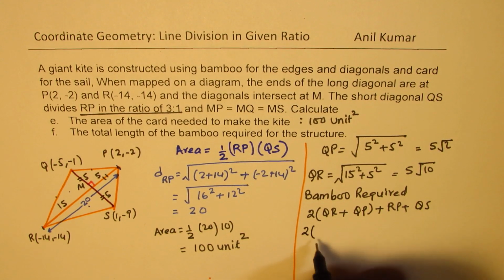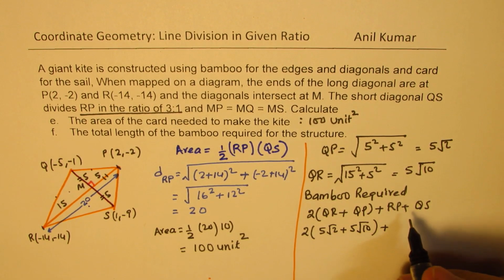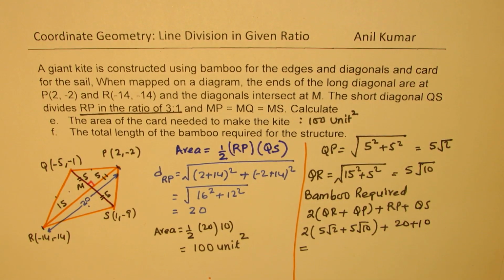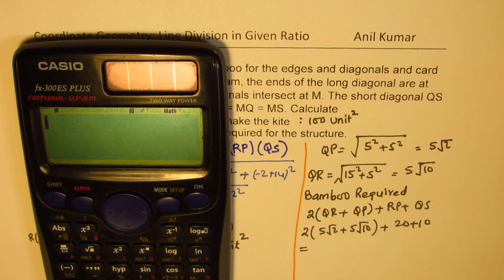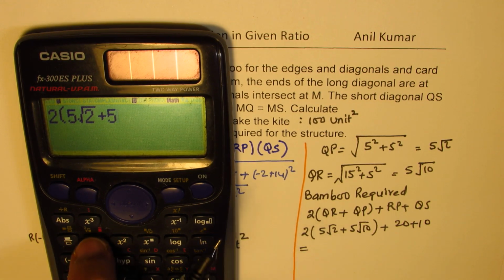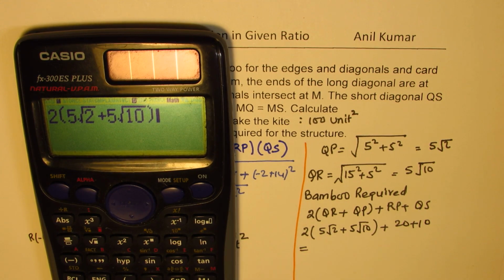Right? So which is 2 times 5 square root 2 plus 5 square root 10, plus 20 plus 10. Okay? So that is the total length required. We can always use a calculator to find this. So it is 2 within brackets, we have 5 square root 2 plus 5 square root 10, bracket close. Let's find this and we'll add 30 to it.